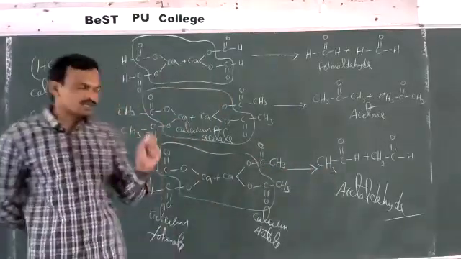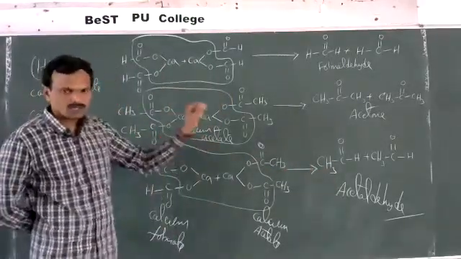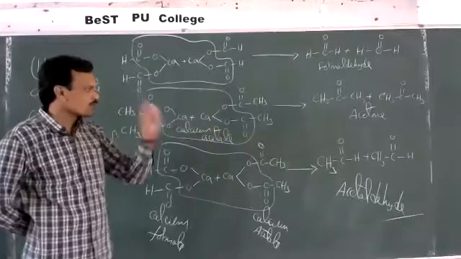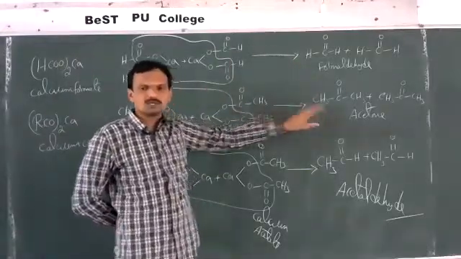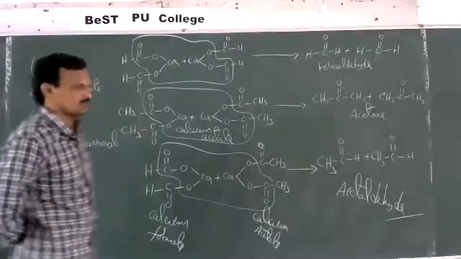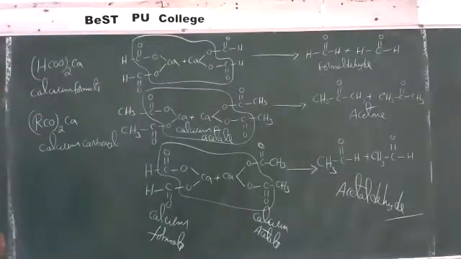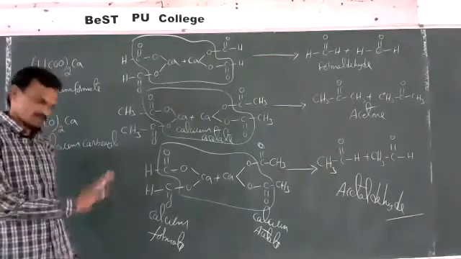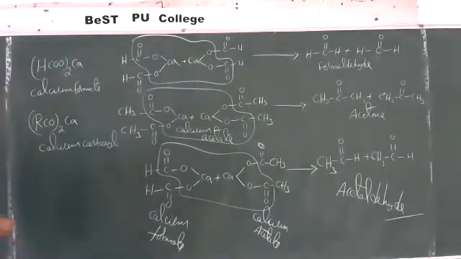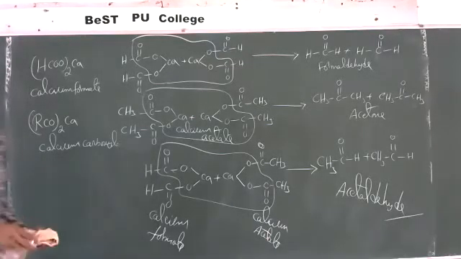Acetaldehyde will be formed as the major product. In addition to acetaldehyde, in small amounts, formaldehyde as well as acetone also will be formed. Okay, right. This is regarding preparation of aldehydes and ketones by the distillation of calcium salts of carboxylic acid. So this is total regarding the preparation methods of aldehydes and ketones.